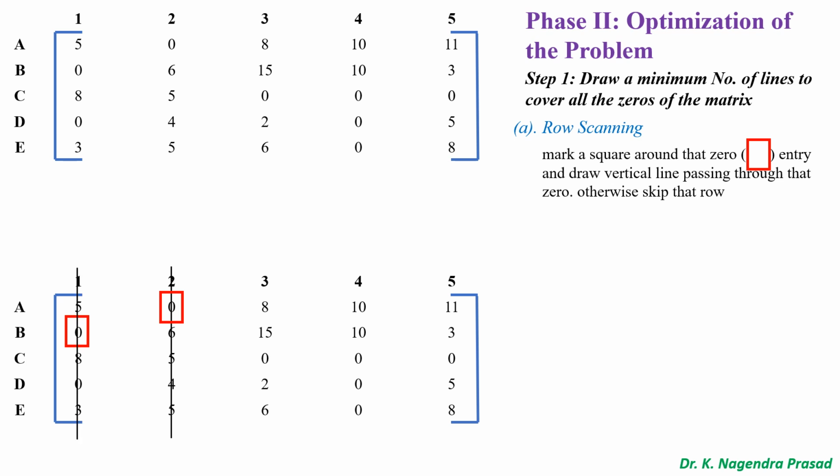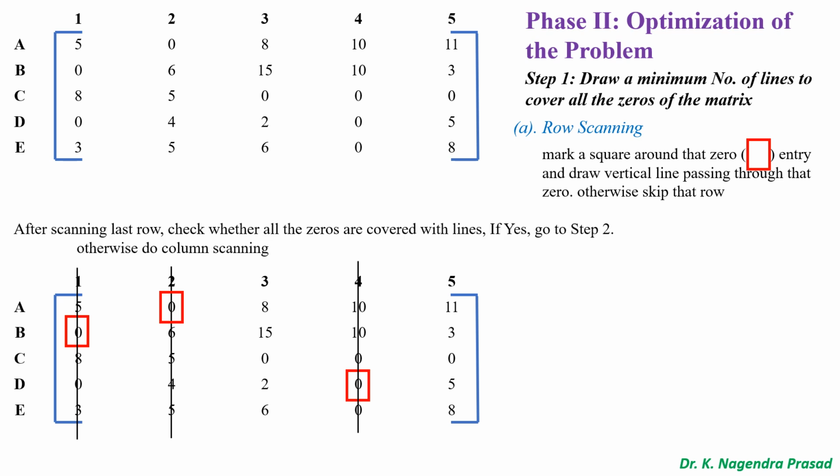In the third row, there is more than one zero. Then we have to skip this row. And in the fourth row, there is exactly one zero. Then mark a square around that zero and draw a vertical line. In the fifth row, there are no zeros. Then you have to skip this row.